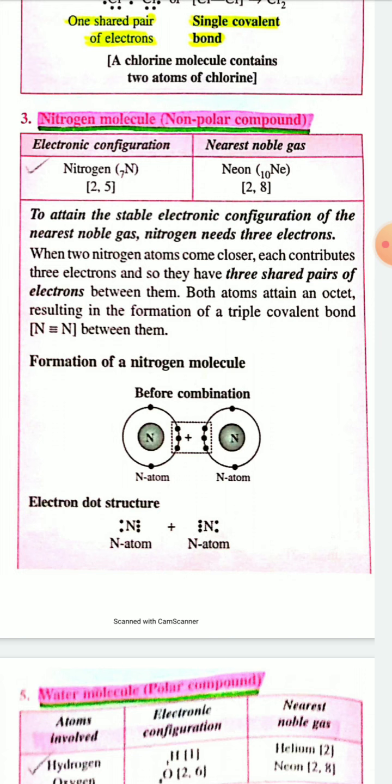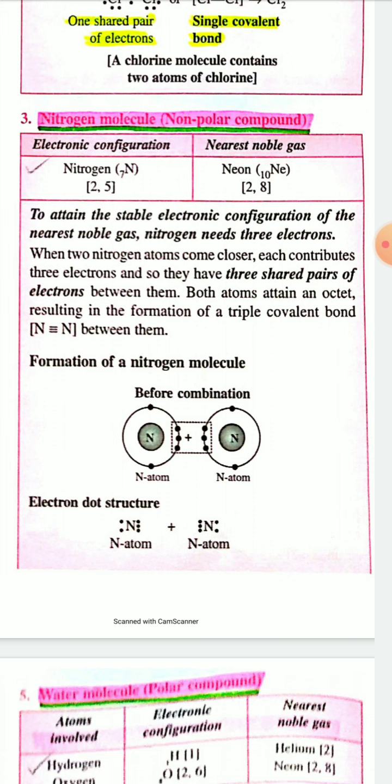So you can see the orbital structure of covalent bond formation between two nitrogen atoms in the nitrogen molecule. Given nitrogen has a total of 5 electrons in the valence shell, in the outermost shell it is showing the total 5 electrons.